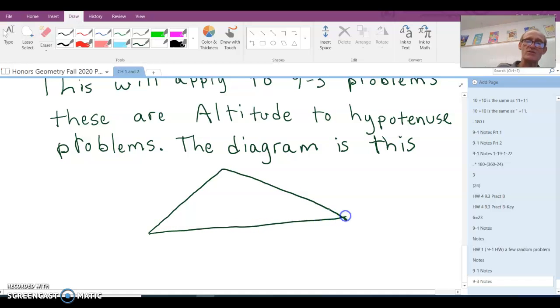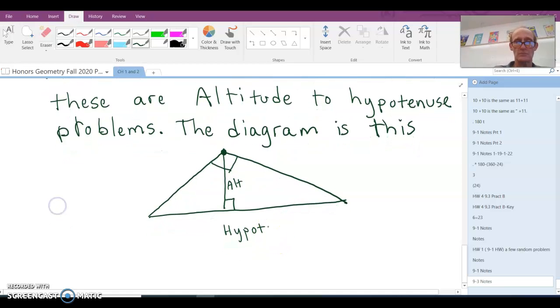We have a big right triangle. And then we have the altitude to the hypotenuse. And this is a leg, and this is a leg.